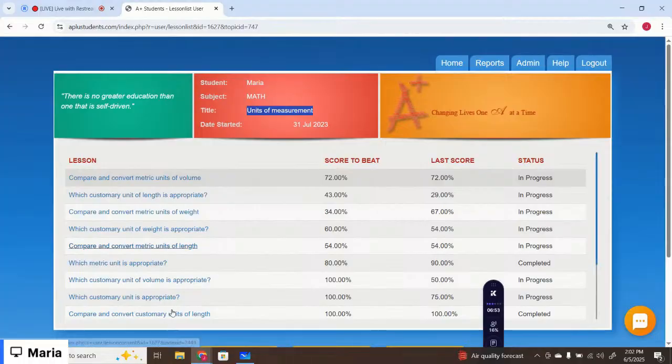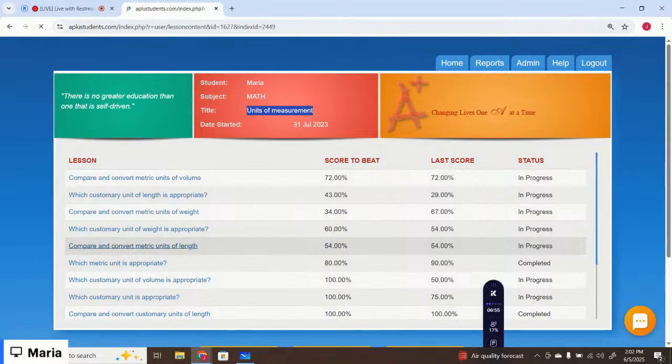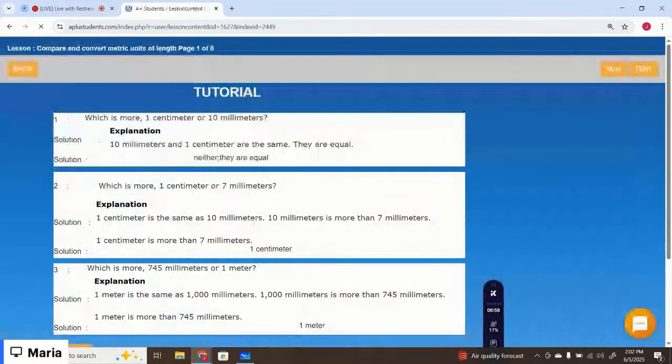Let's start with the lesson compare and convert metric unit of length. Which is more, 1 centimeter or 10 millimeters? 1 centimeter is equal to 10 millimeters.